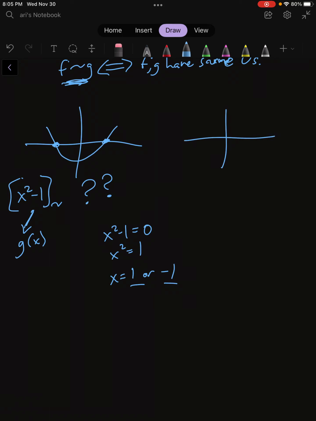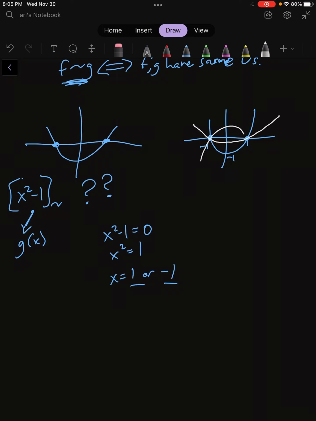This graph looks like that, where that's 1 and that's minus 1. And this is minus 1, because that's our y-intercept. Anyway, so we need to find all the functions, all these quadratic functions that cross the x-axis at those points. So maybe we'll have some that are like that.